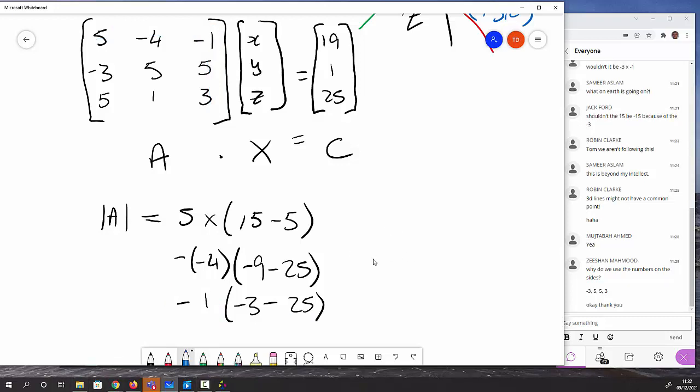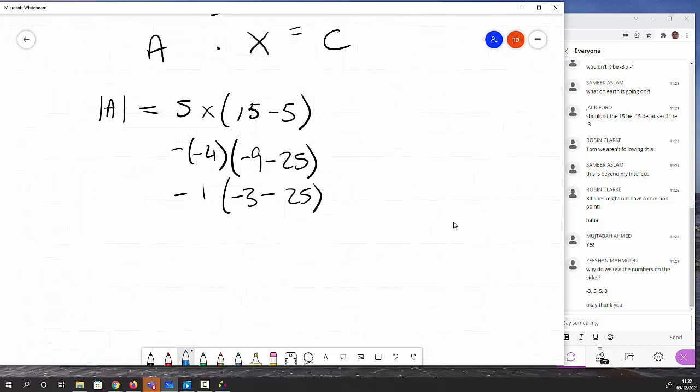Good, thank you, Zishan. So now we're going to evaluate these. So A is equal to, says E with the right pen, 15 minus 5 is 10, 10 times 5 is 50, 25 minus 9 is minus 34, minus 34 times 4, double it is 68, double that is 136, so that's minus 136.